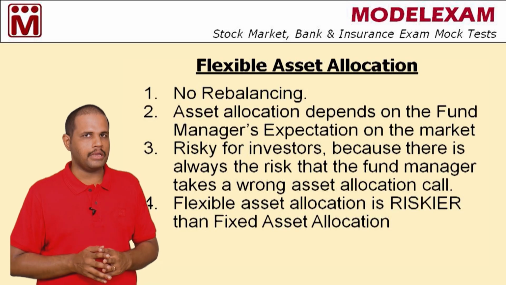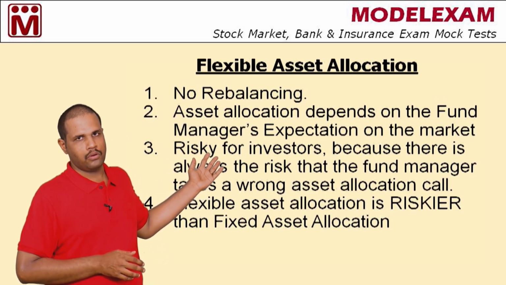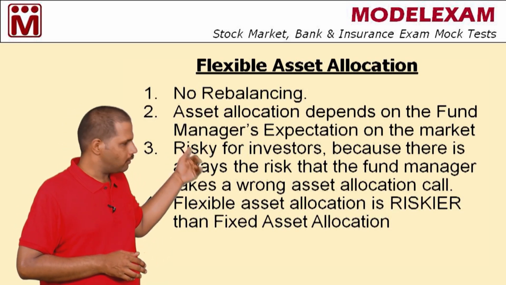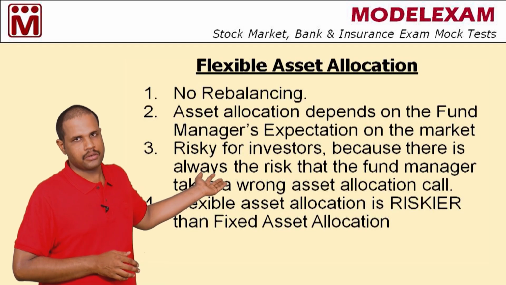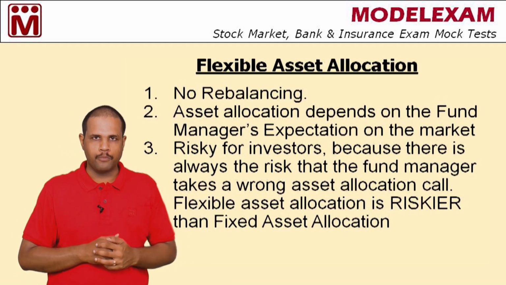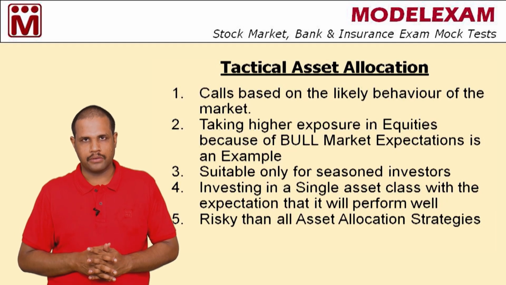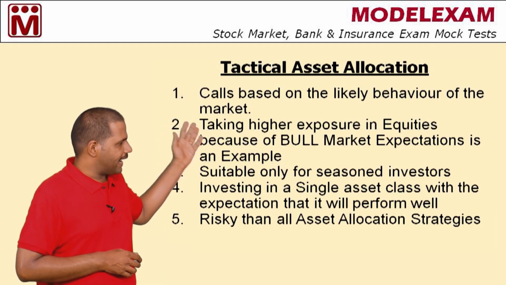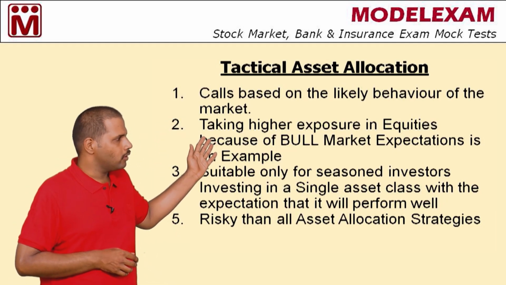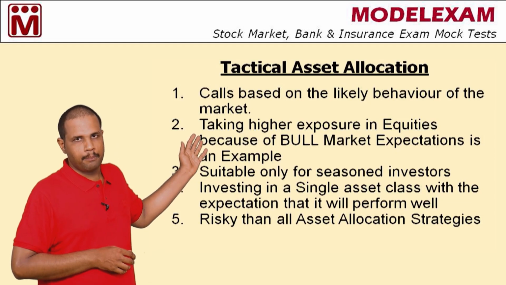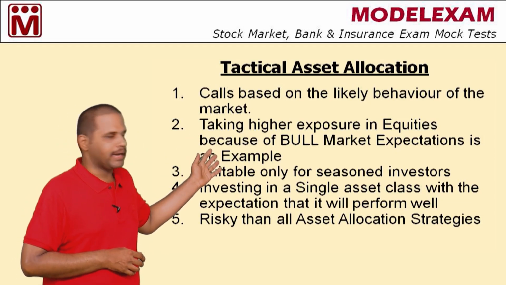This is quite risky when compared to the previous two, fixed asset allocation and strategic asset allocation. We have one more asset allocation type known as tactical asset allocation. See here, tactical asset allocation is about investing based on likely behavior of markets.